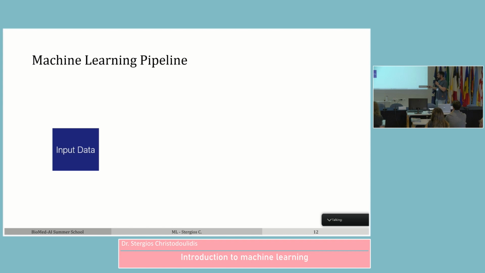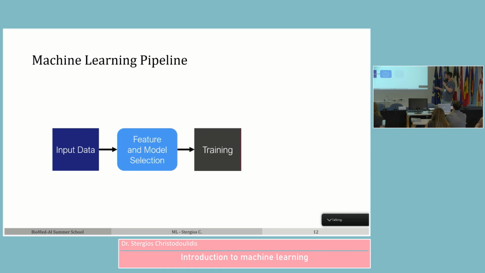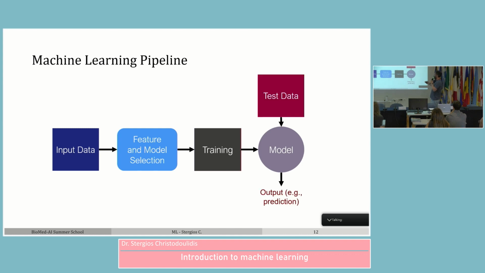So in essence, we have this block, which is the input data. Then we go through some process of identifying information in this data that is discriminative, and I will give you a bit more details about this. Then we have the training process. Then we have what is called the model. And then we have what is called the test data, which, when the model is applied on this data, you get some output, okay?